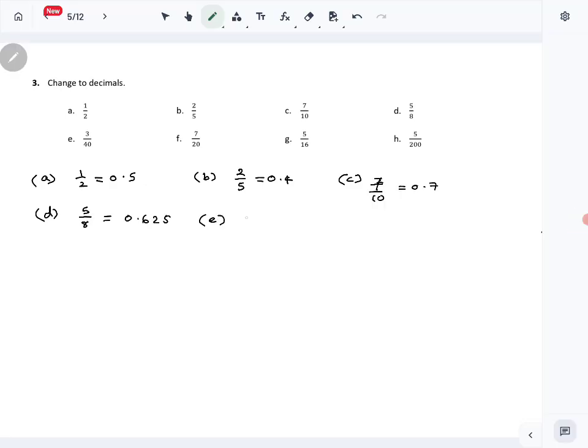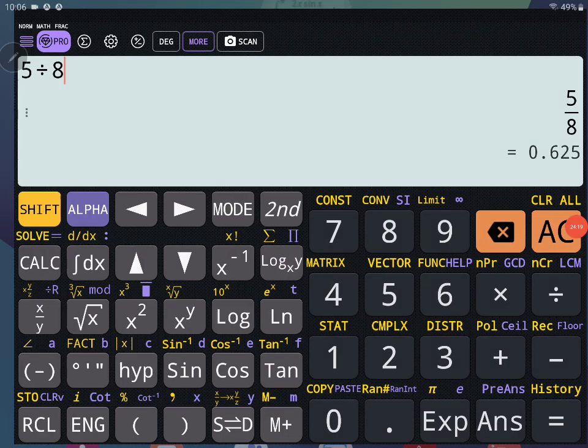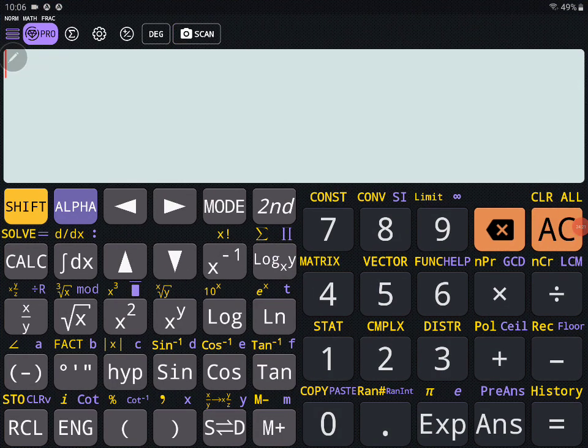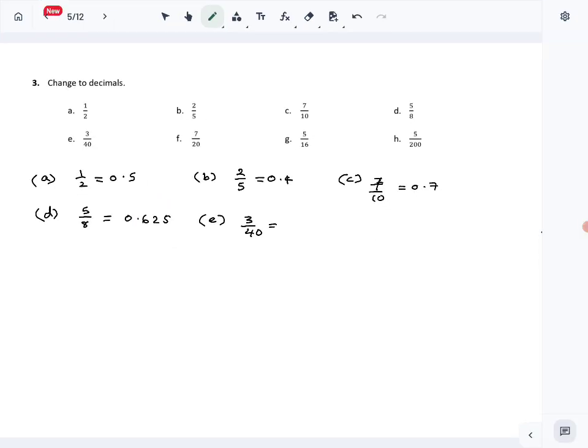Part E is what? 3/40. This is going to be, it's clear, 3/40. 0.075. 0.075.